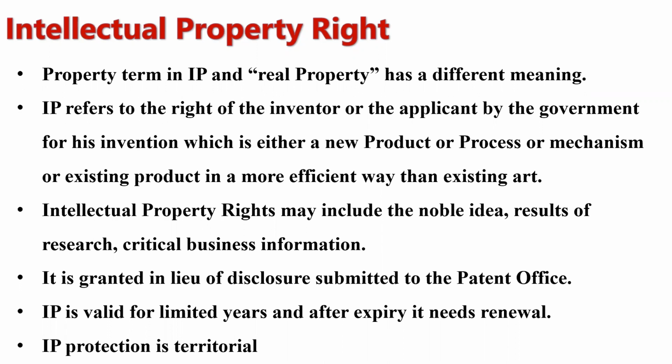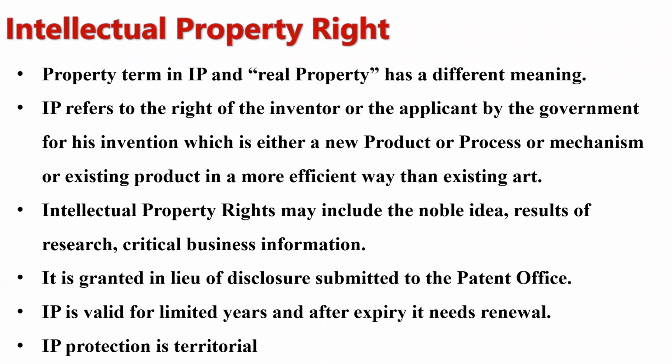So now I added the word intellectual. The property term in intellectual and real property obviously has different meanings, as I said in the example. Once I added the word intellectual to property, it has a different meaning.